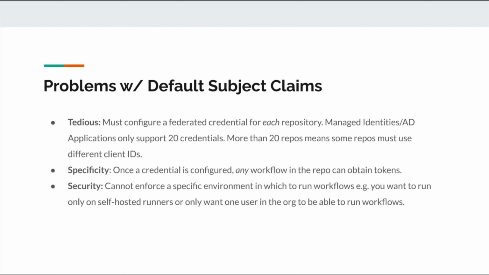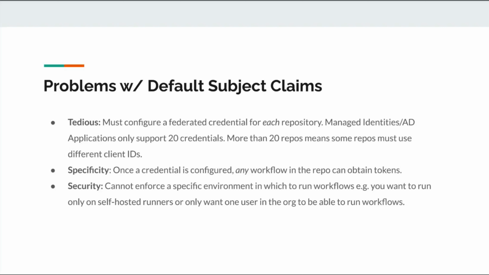And another issue is specificity. Once a credential is configured, any workflow in that repo can obtain tokens. So for example, you might want to restrict a very specific workflow to obtain tokens, and you can't really do that with the default subject claims. And another thing is security. You can't enforce a specific environment in which to run these workflows.